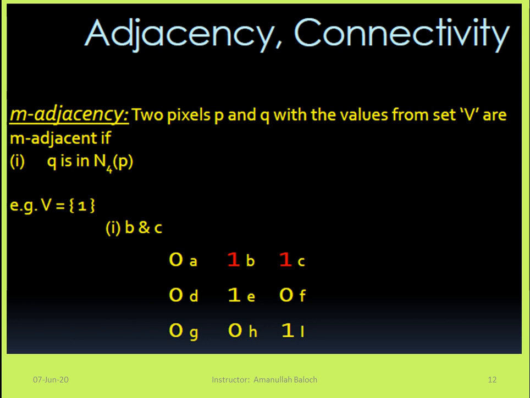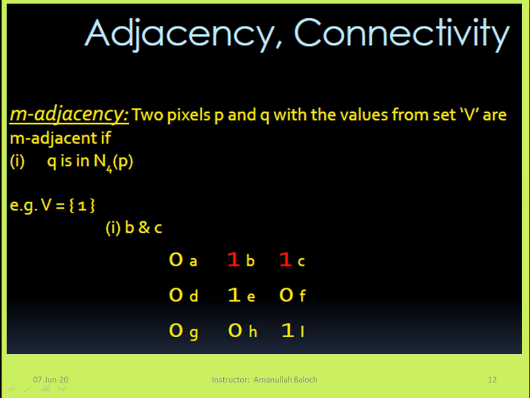Here we want to see whether there exists M adjacency between pixel B and C. Pixel B is considered as P and pixel C will be considered as Q. So in the definition we are referring to them as P and Q. One pixel will be P and the second pixel will be considered as Q. There are many pixels with different labels.